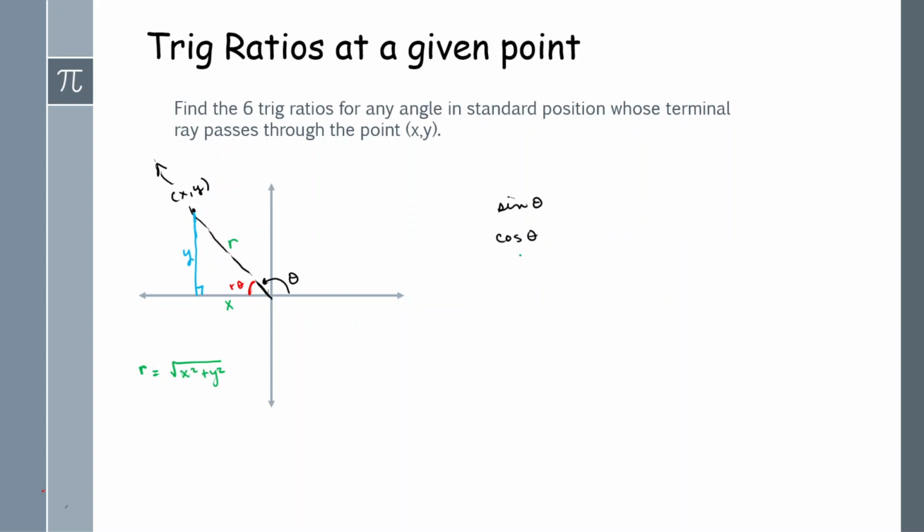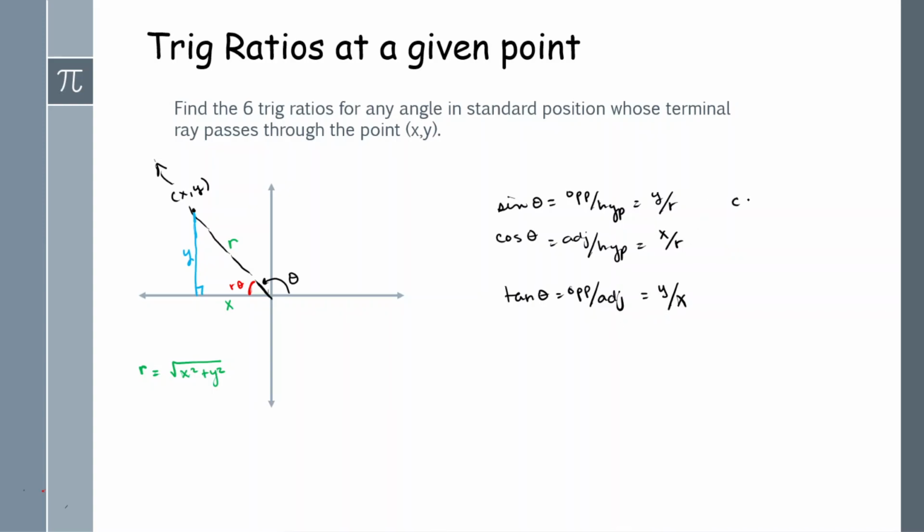And now that I have that triangle labeled, sine will always be y over the hypotenuse, because this is opposite over hypotenuse, which is now y over r. Cosine, being adjacent over hypotenuse, is now x over r. And my tangent, which is opposite over adjacent, or sine over cosine, is now y over x.